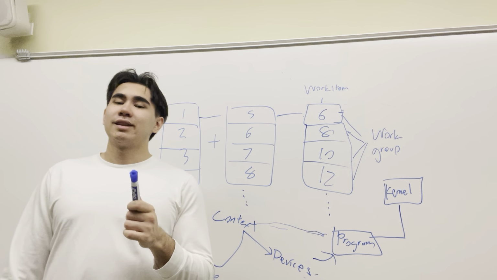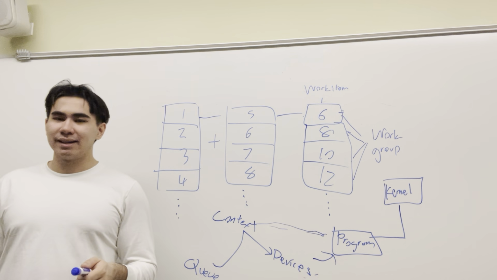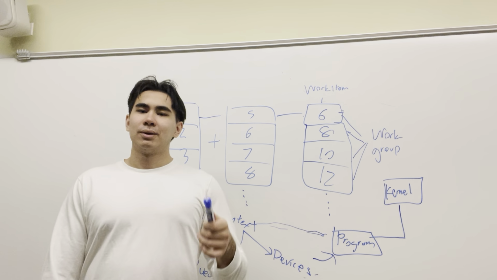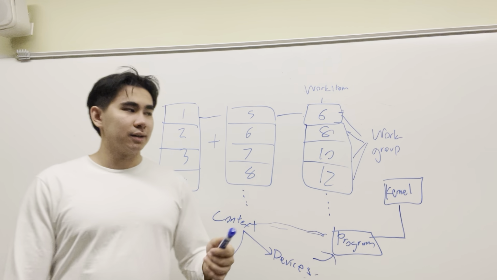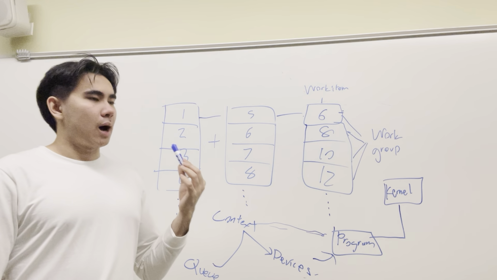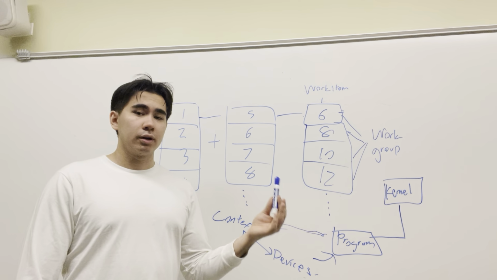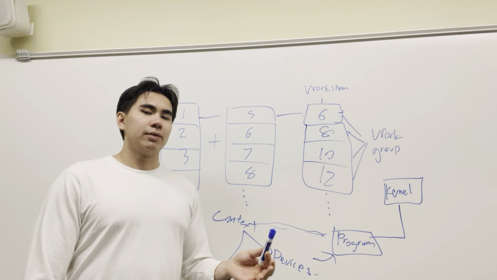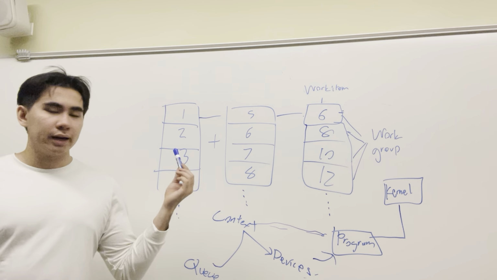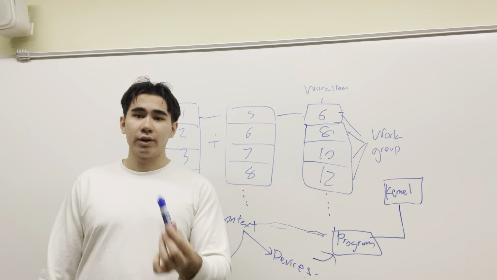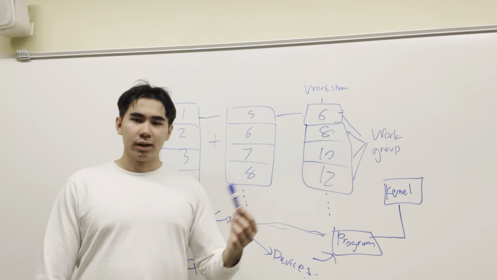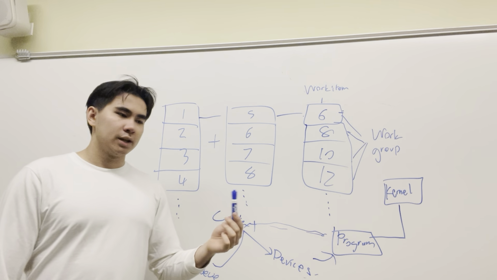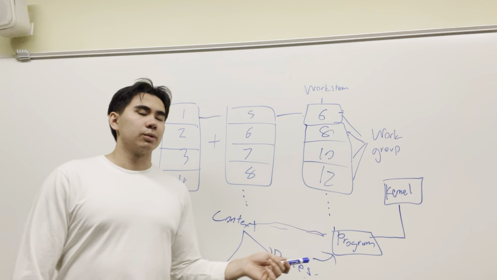But I mentioned that 10,000 by 10,000 array or matrix before, then it is useful because the high upfront cost you're going to pay when setting all this up is going to be outweighed by the fact that you are going to be able to compute the work items so much faster using a GPU when you have to do that huge array, that it's going to be worth doing this.